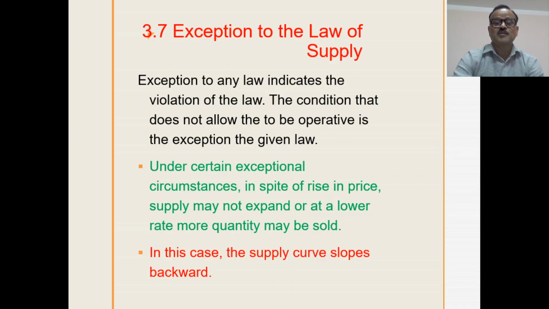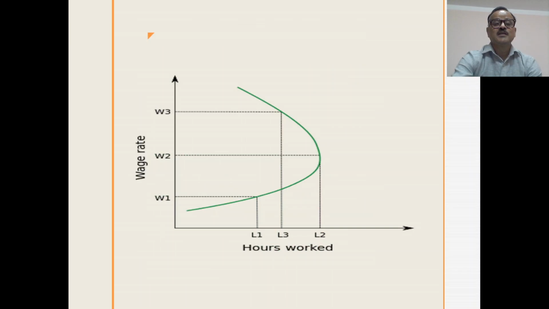In this case, the supply curve slopes backward. So if such a case is found in some commodity, the law of supply does not work. Here we can see the supply curve moving back.